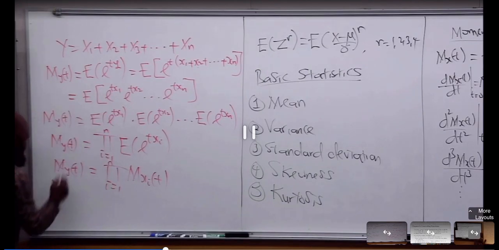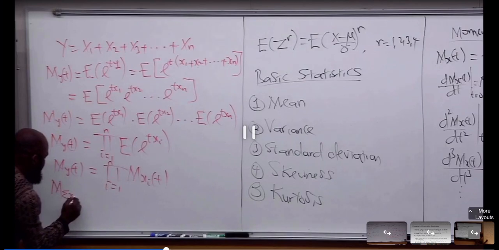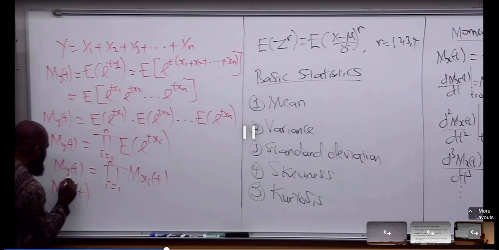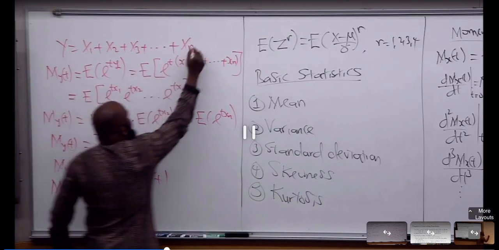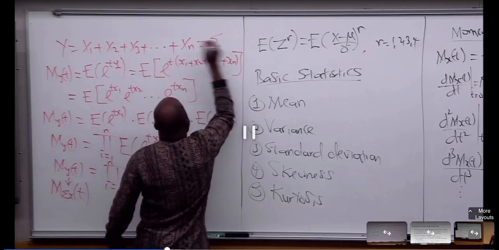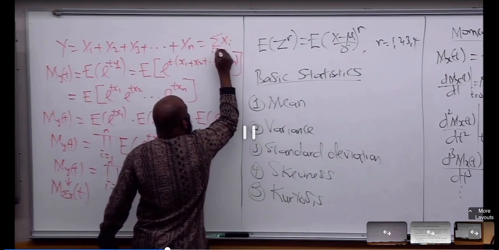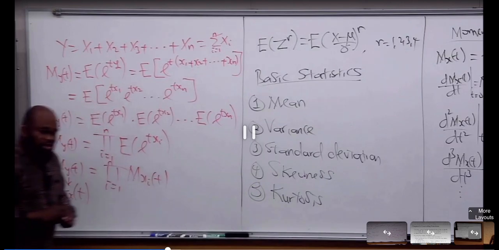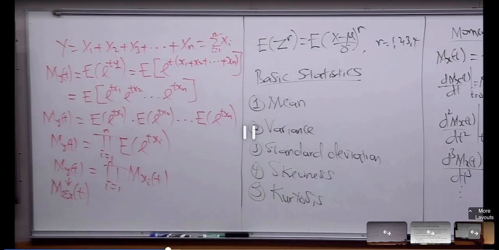I can write this guy as M_Y, the summation of X, of t as well. Don't forget, if I want to write this in short form, I can write that as this as well. So this is a theorem in statistics.